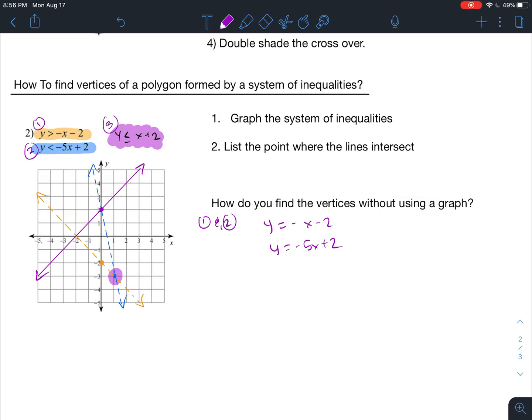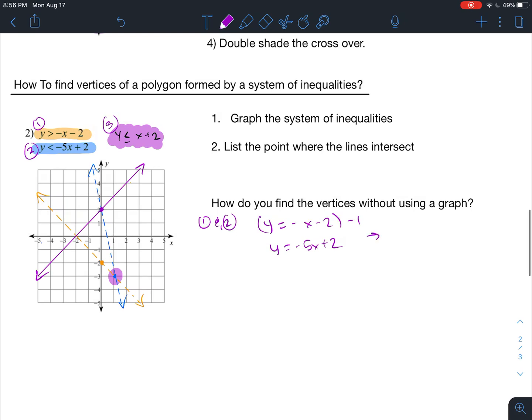Now the thing is, what's easiest to do in these types of situations, since we already have our variables and our constants lined up, is to multiply one of the equations by -1, and that way we can get rid of our y variable and solve for x.